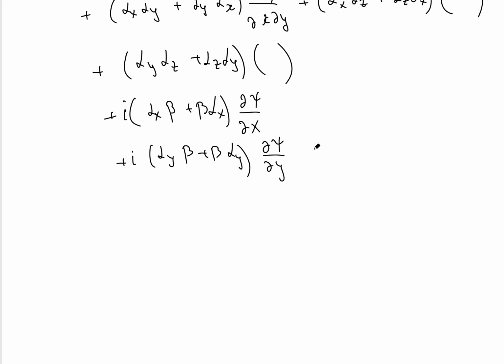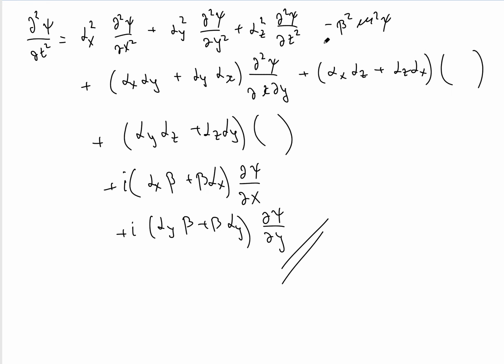So here you can see the full form, but this equation should satisfy, first of all, the Klein-Gordon equation and the energy-momentum relation E squared equal to P squared plus M squared.